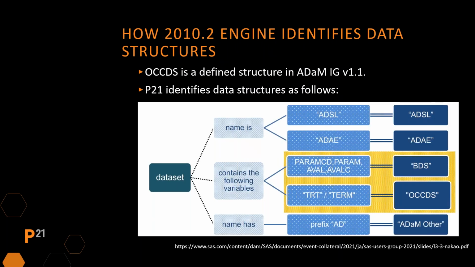ADaM-IG version 1.1 has a new structure, which is an occurrence data structure, also known as OCCDS. This slide is showing you how Pinnacle 21 identifies ADaM data structures. First, Pinnacle 21 identifies ADSL and ADAE by their dataset names.